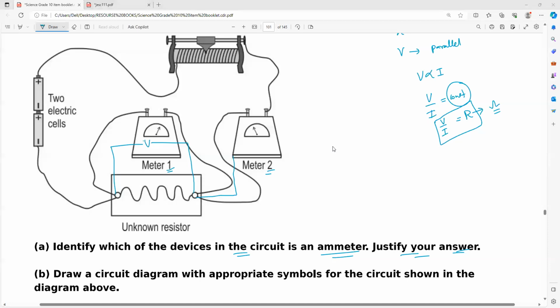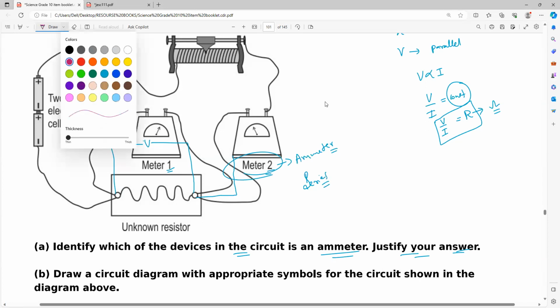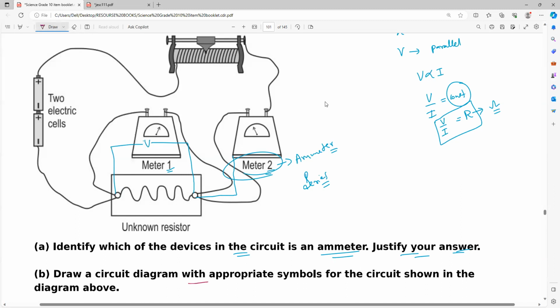So meter 2 is the ammeter. Write it, because it is a series connection. What is the reason? Because the current is in series connection. Next.